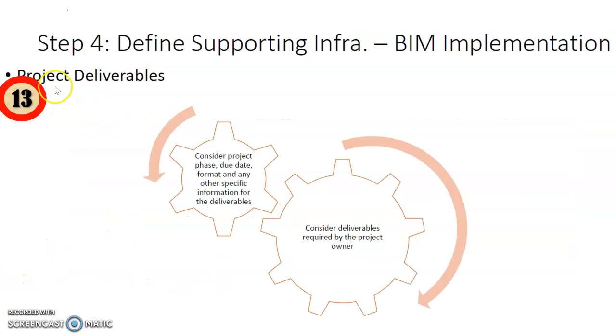We also put down the project deliverables, where we consider the project phase, the due dates, the format, and any other specific information that is required as part of the deliverables. We also consider the deliverables required by the project owner, obviously.